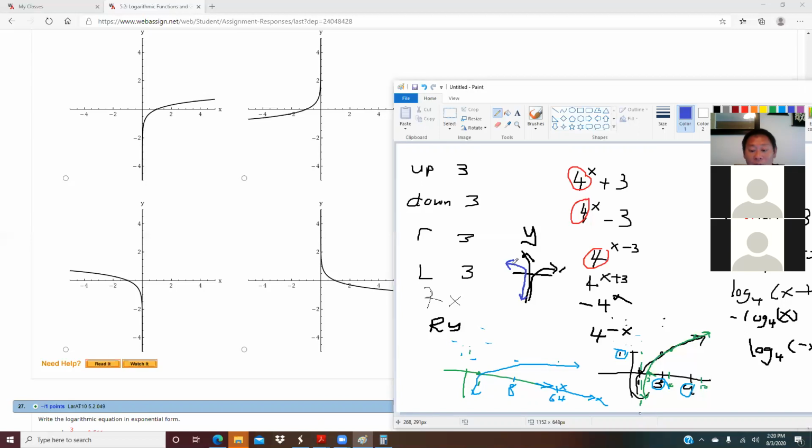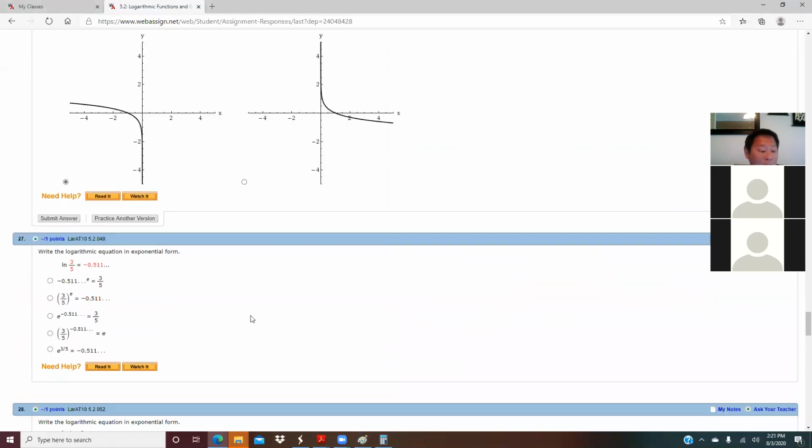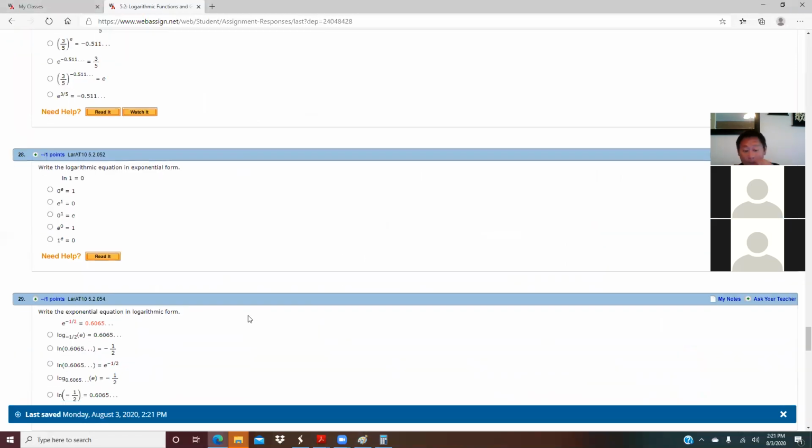This is what the graph looks like when you reflect on the y-axis, right? This is the y-axis reflection. This is the original, you reflect this. So which one looks like it? It's going to be C, yes. So make sure you guys try to do this on your own.